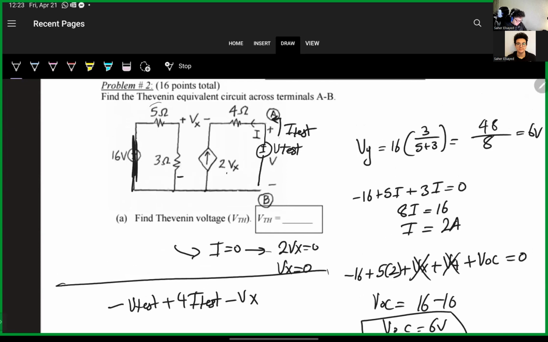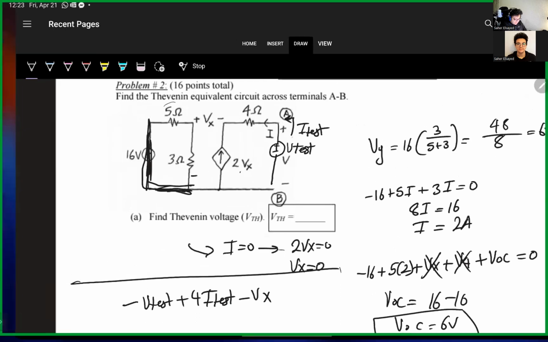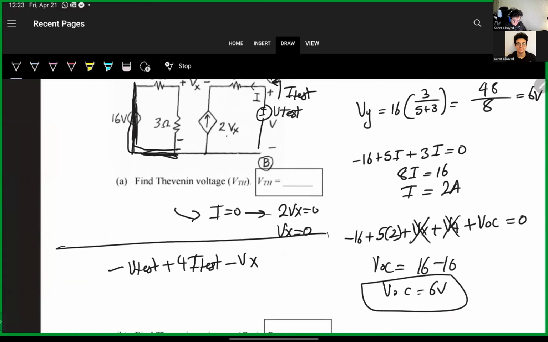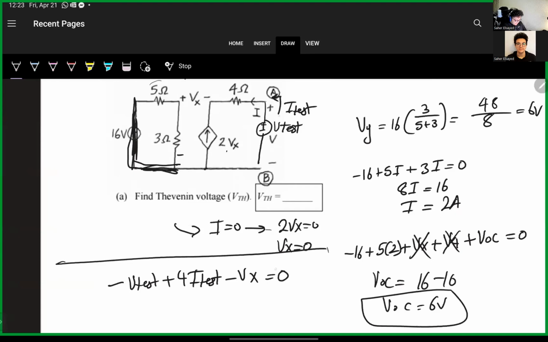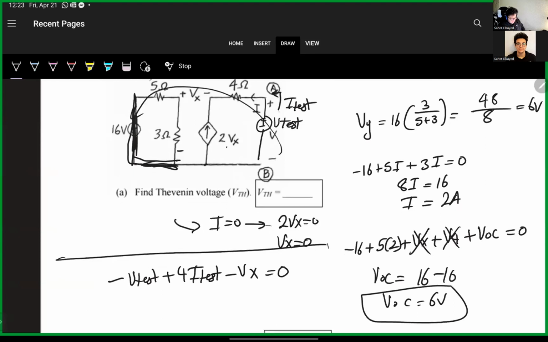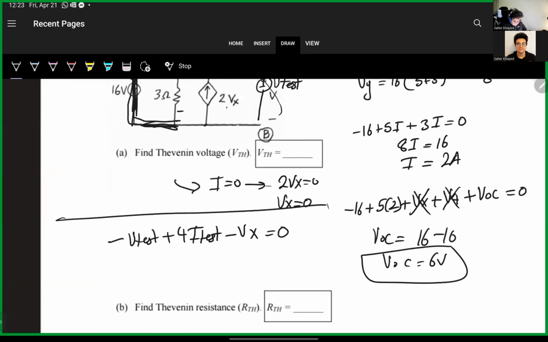This is ground. This is all ground now. There is no voltage at all. So minus Vx equal to 0. I'm going this way. So from here, you can see that V test is equal to 4I test minus Vx.